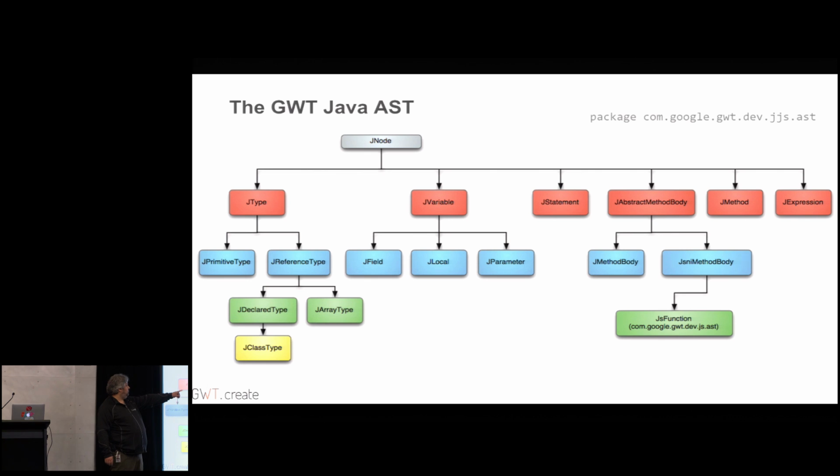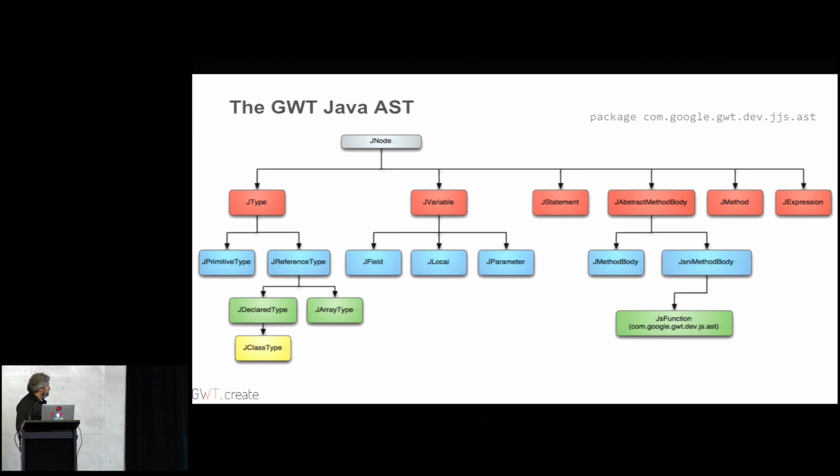Methods will contain a method body, one of those. And then expressions, which are inside of statements, also the full set of expressions: binary expressions, unary expressions, the cast operation, the instanceof, all these are expressions in Java. So this is basically a big view of the Java AST that the GWT compiler uses to manipulate Java programs.